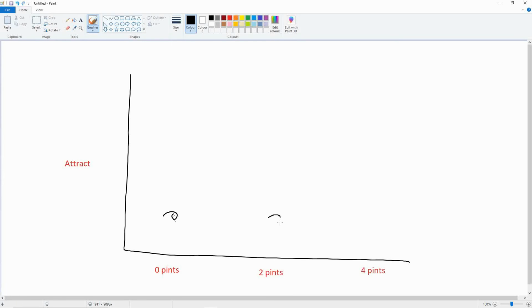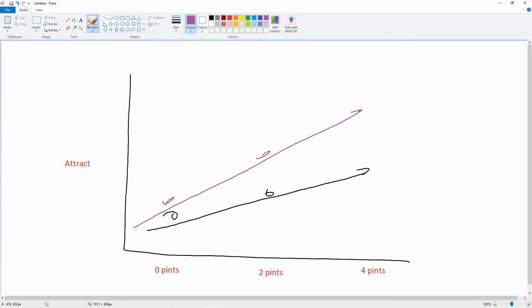For example, my interaction might actually look, let's try again, maybe a little bit like this for males, and then for females it might look more like this. In which case my main effect going through the middle, averaging across gender, my main effect for pints would look like this. Now, sure, in this case, we still do have a lot of distance between our gender lines and what the main effect would say.